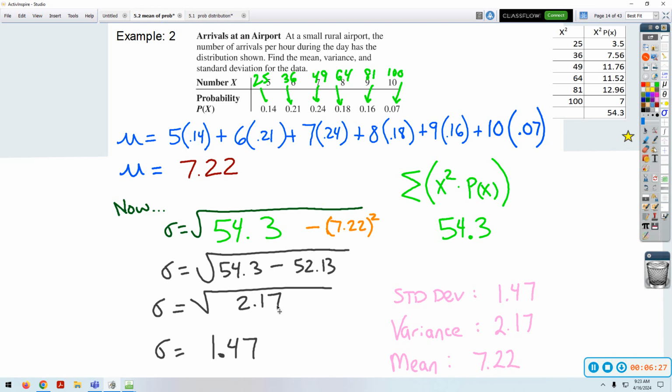You get 2.17 as my variance. Square root gives me my standard deviation, and lest we forget, the 7.22 was always my mean. And you're done. It'll take a little practice to get good at it.